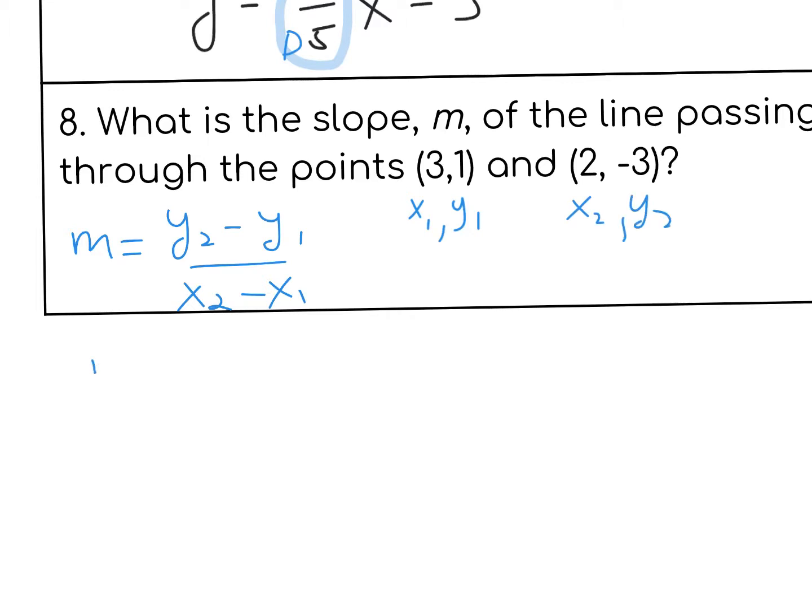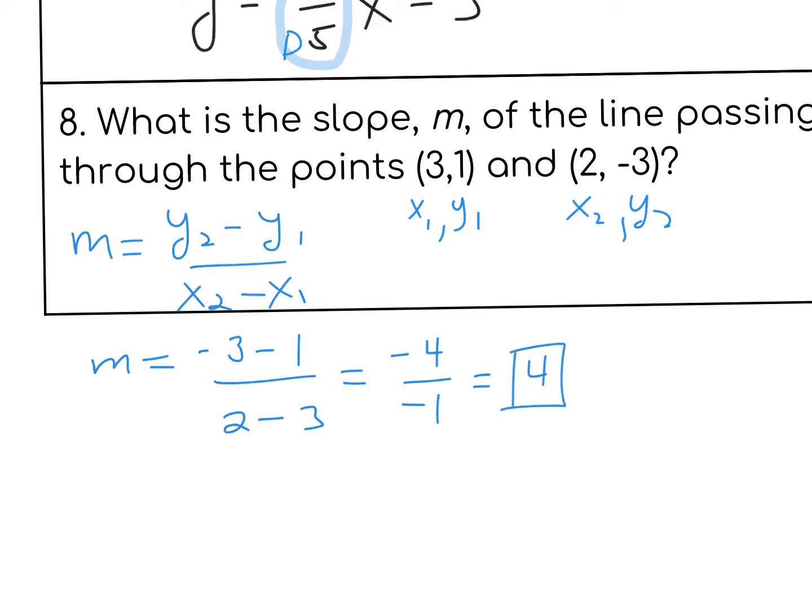So following that, m is going to equal negative 3 minus 1 over 2 minus 3. So this gives me negative 4 divided by negative 1. And when I divide by negative 1, I change the sign to make it positive 4. And that's my answer.